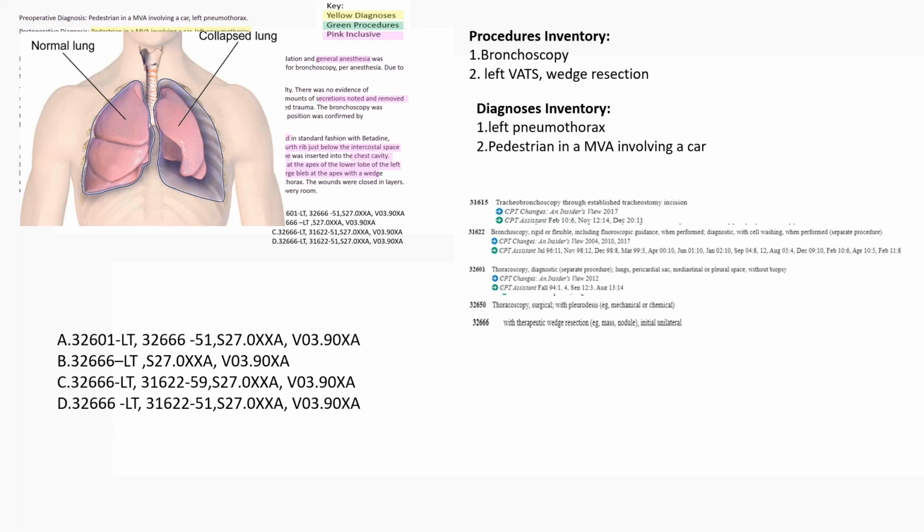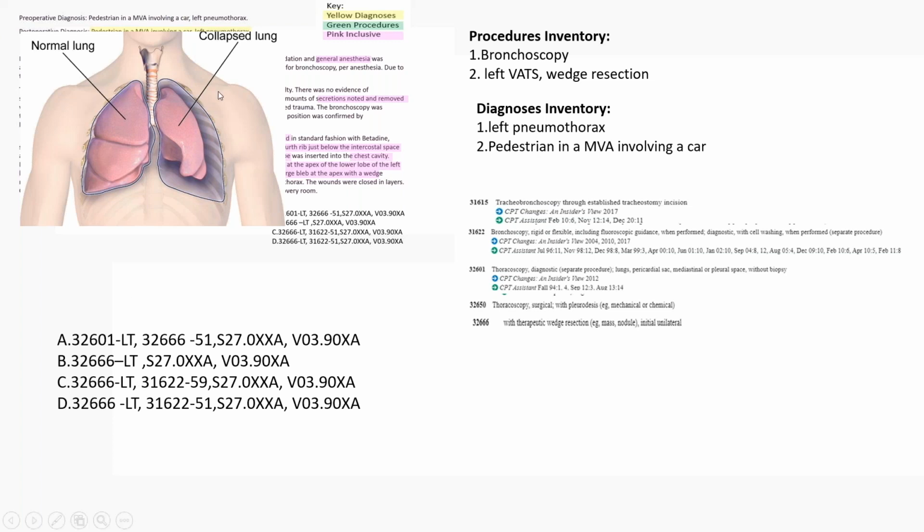In our scenario, the patient had a bleb. These are small air blisters which can develop on the top of the lung, and these air blisters sometimes burst, which allows air to leak into the spaces that surround the lungs. So we had a collapsed lung in our scenario.